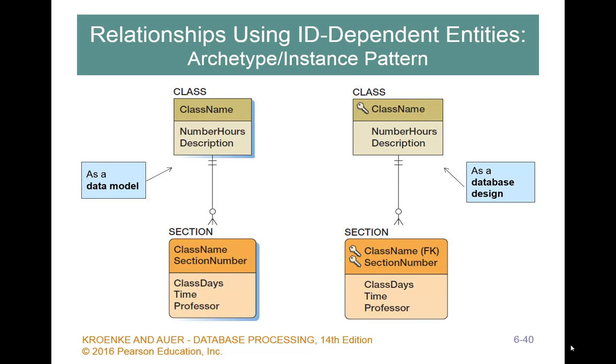Because it's an ID-dependent entity, that means that the class name from the parent table or parent entity has to be included in the key, or the primary key, of the child entity or child table as a composite primary key. So the same concept as we did with multi-valued attributes is the same concept or rules that we would apply for the archetype instance pattern.